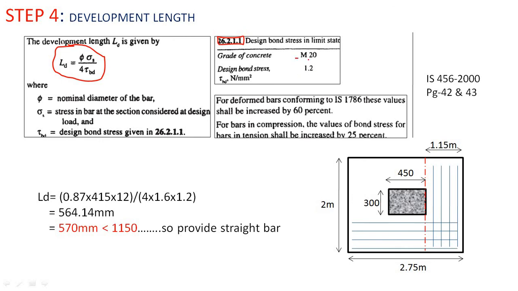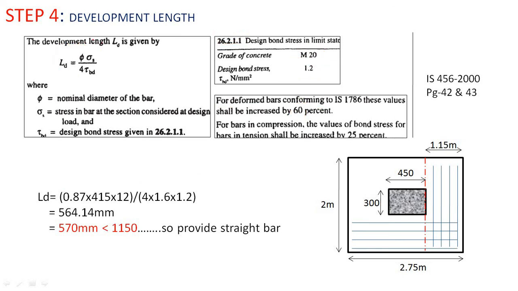For that we have to see the grade of concrete. In our case the grade of concrete is M20, so the value of tau bd will be 1.2. The code also says that for deformed bars we have to increase the value by 60%.